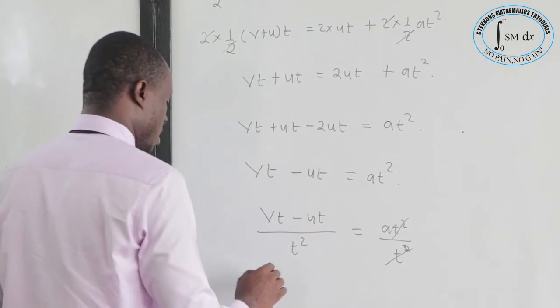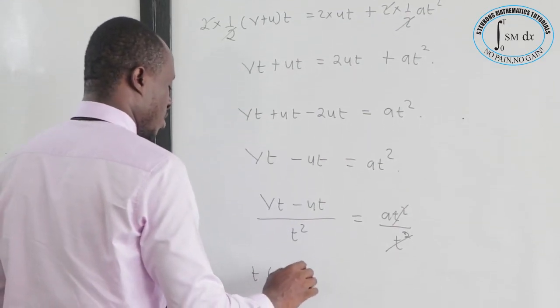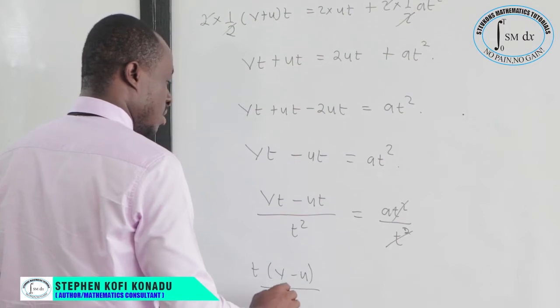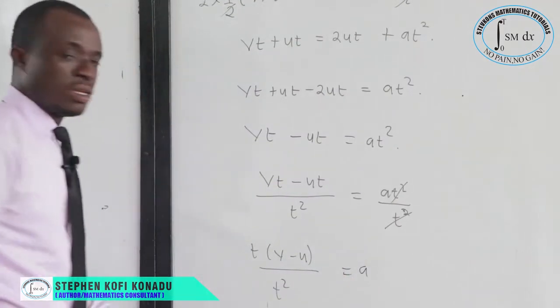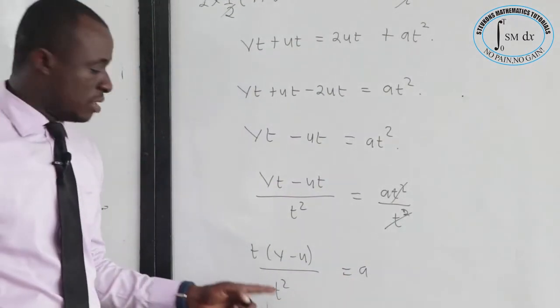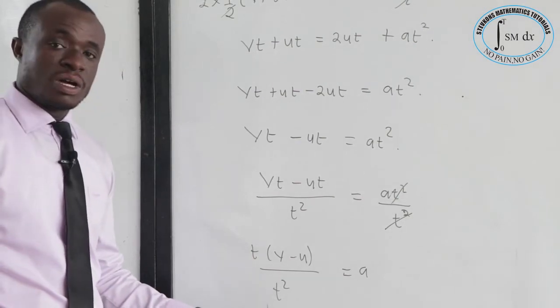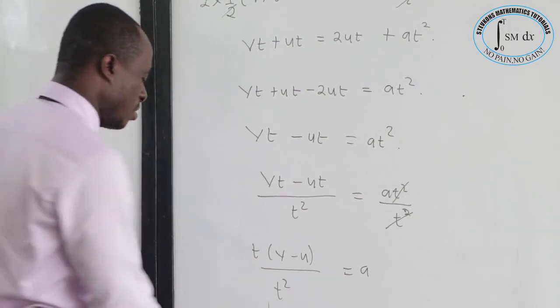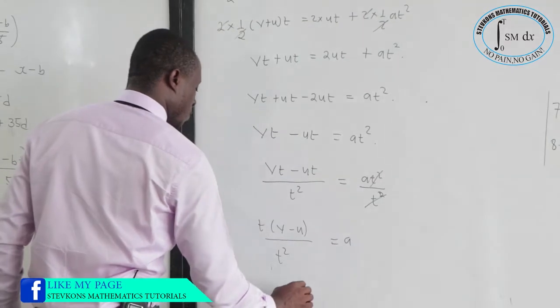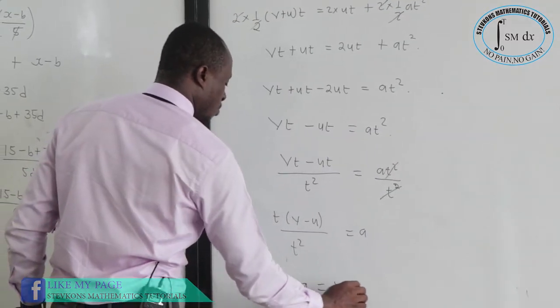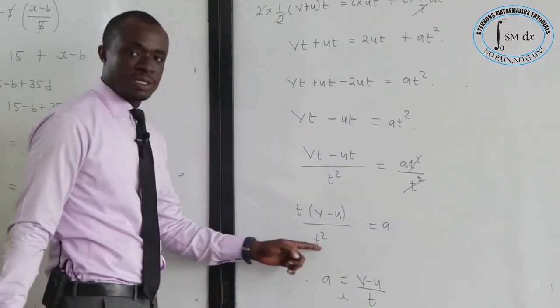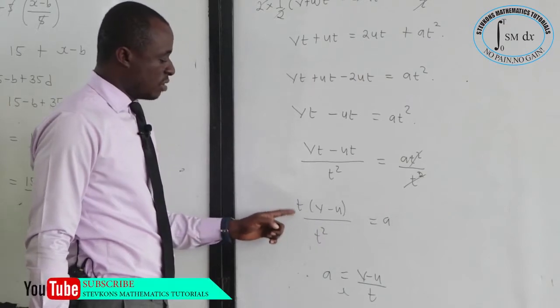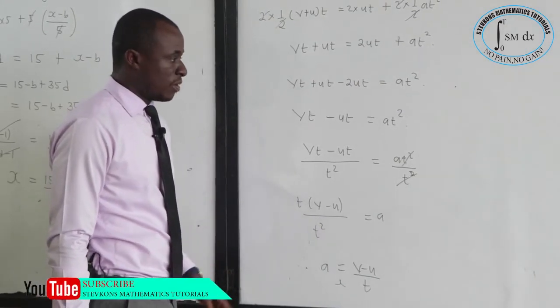So we have t(v minus u) all over t squared equal to a. Now t squared is t times t, so one t will cancel the t down. So we have a equal to v minus u all over t.